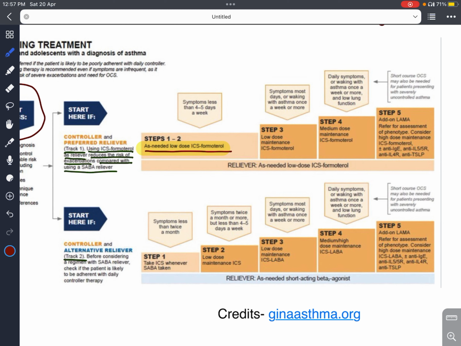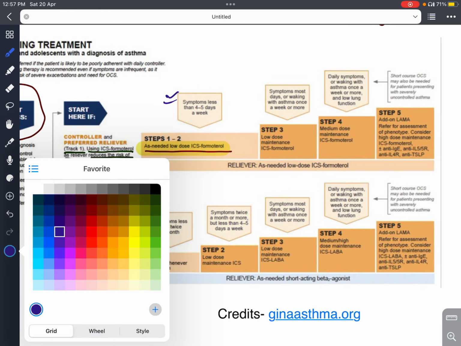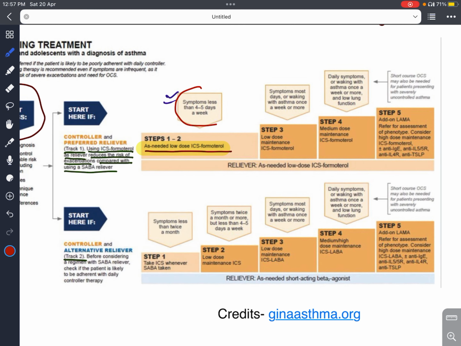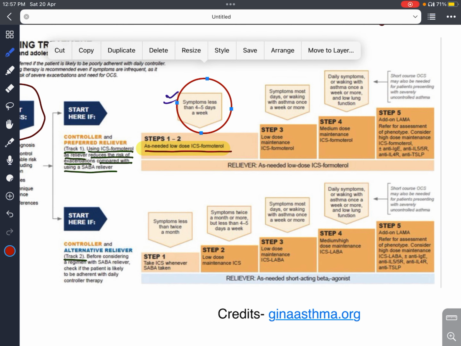How can you start a treatment in a patient with step 1 and step 2 drugs? You have to see if the symptoms of the patient are less than 4 to 5 days a week. If so, then you go for step one and step two, that is, as needed low dose of ICS formoterol.